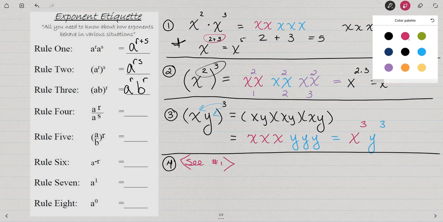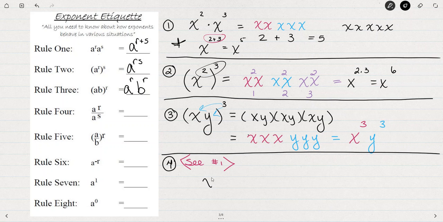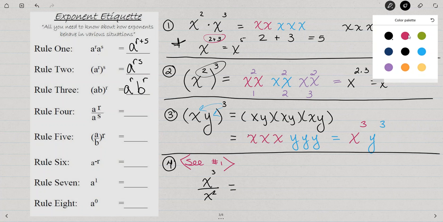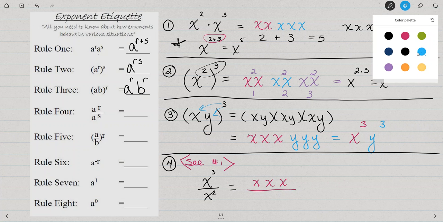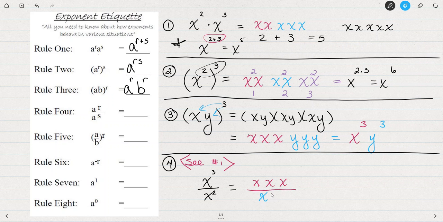If I were to rewrite this as x cubed over x squared, and if I were to expand that, x times x times x over x times x, do you see that we could pair up two sets of x's that would divide out? Because x over x is just a fancy way of saying 1 times 1 times x.